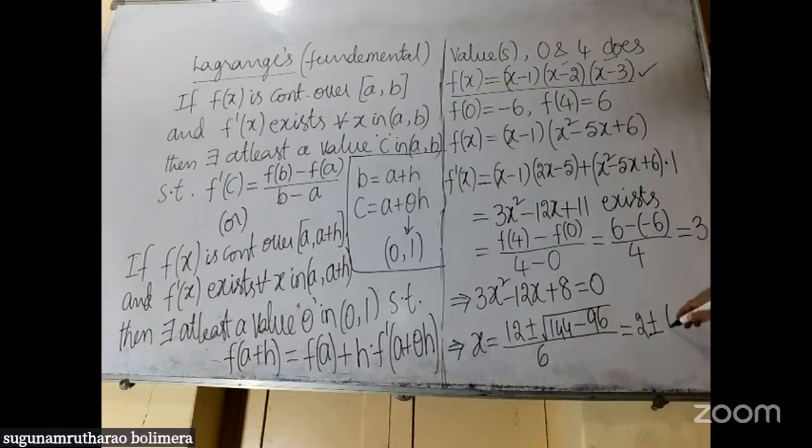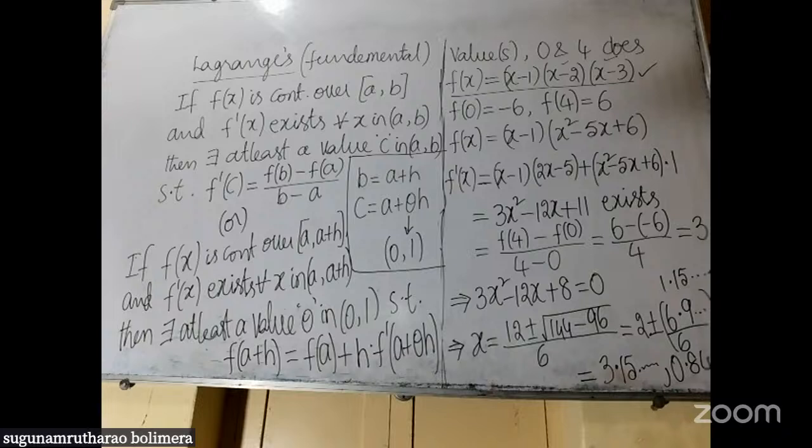Root 48 means 6.9 something divided by 6. If you simplify this, 6.93 divided by 6 will be 1.15 something. So 2 plus 1.15 will be 3.15 something, comma, 2 minus 1.15 will be 0.84.